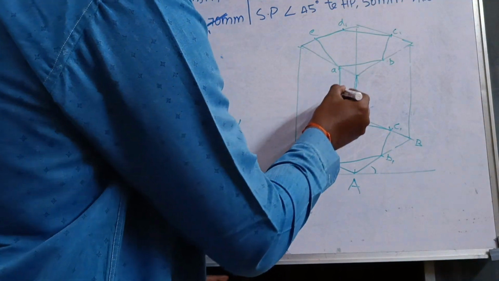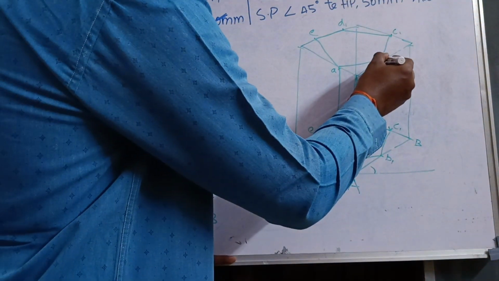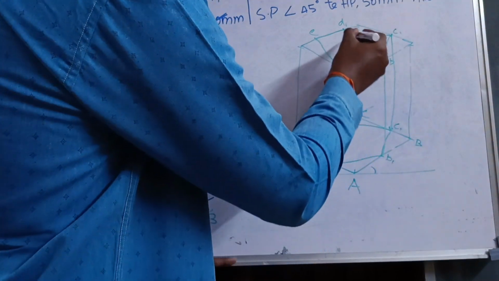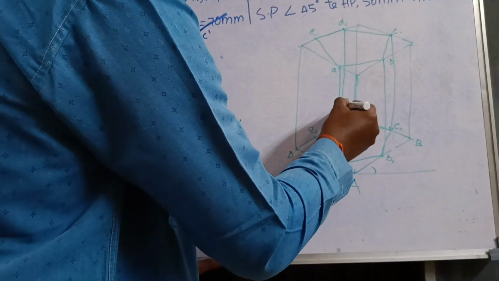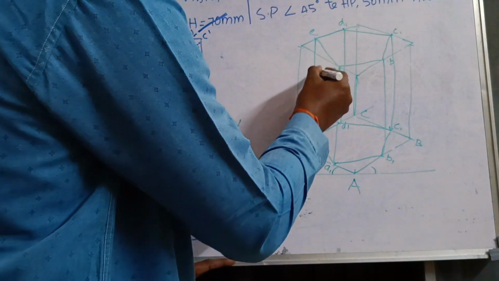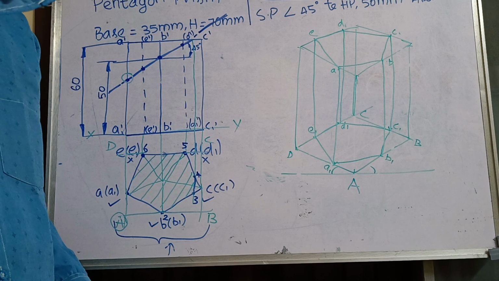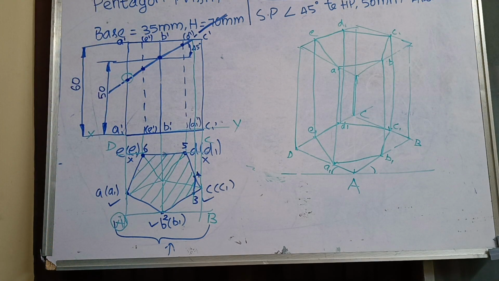Now A to A1 longer edges, B to B1 longer edges, C to C1 longer edges, D to D1 longer edges, and E to E1 longer edges. So where is the first section point?